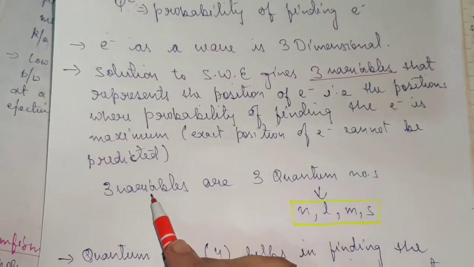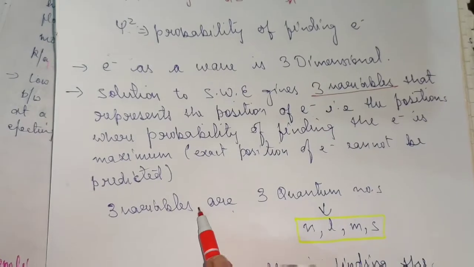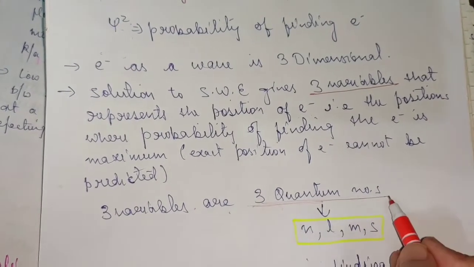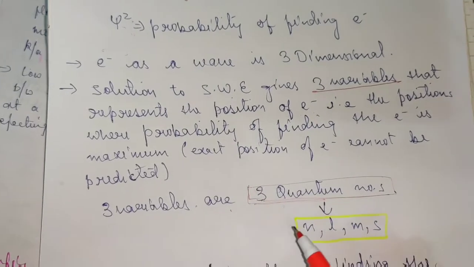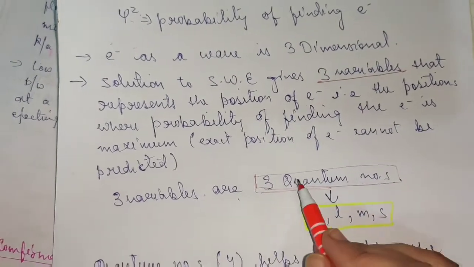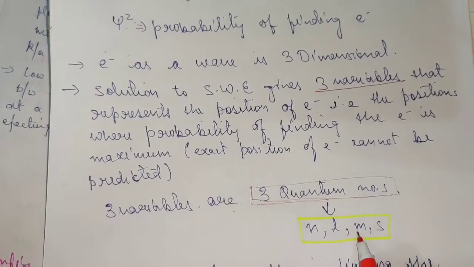These three variables are three quantum numbers. We will be studying about quantum numbers in detail. This is an important topic of this chapter. You get questions most of the time in your exam from this topic. And those three quantum numbers are N, L and M.